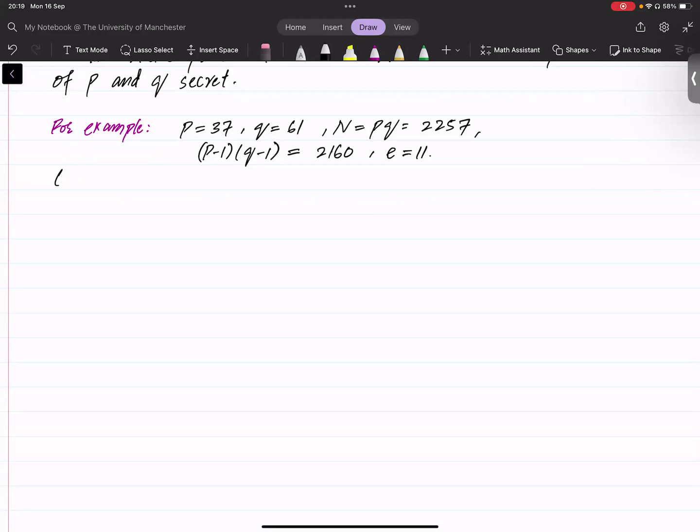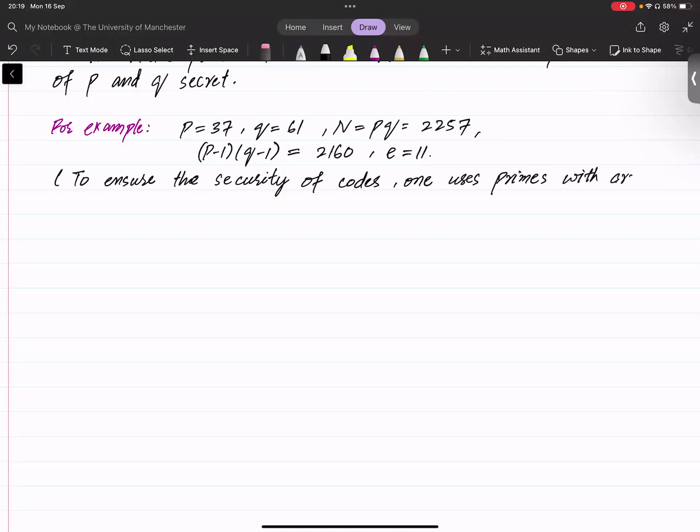You should write that to ensure the security of codes, one uses primes with around 200 digits.